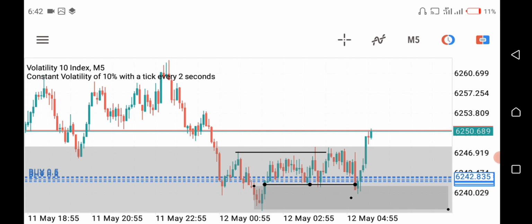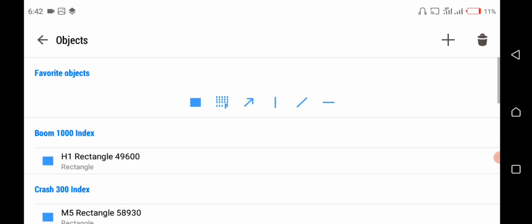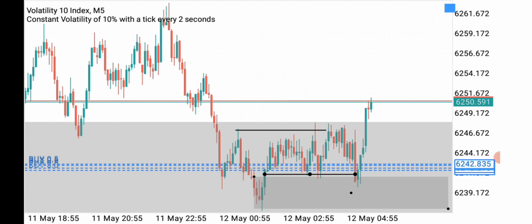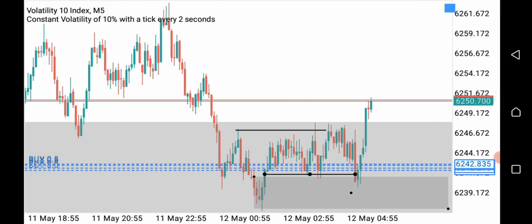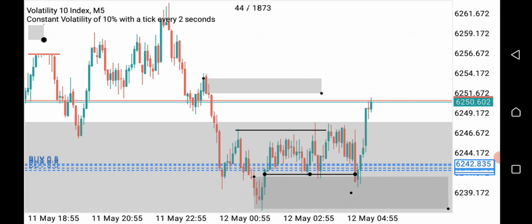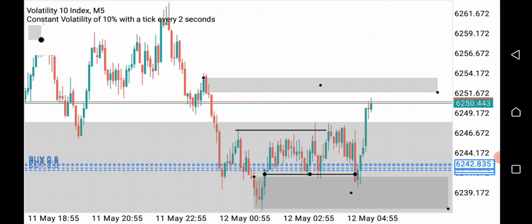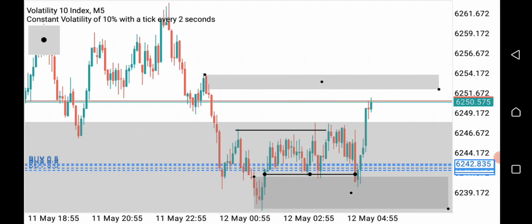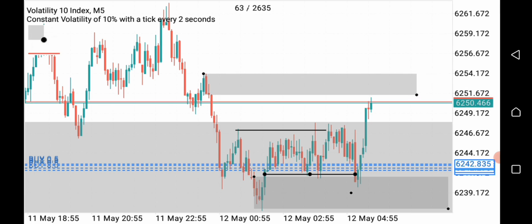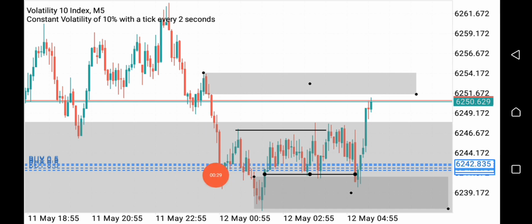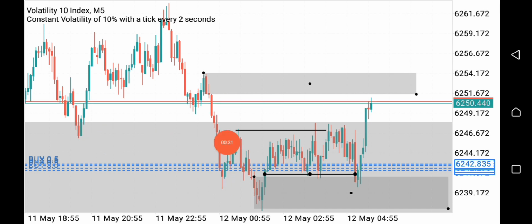So guys, I'm expecting a reversal from here because this is already looking like a structural order block. Any order block that takes out, you can see this breakout structure to the downside.